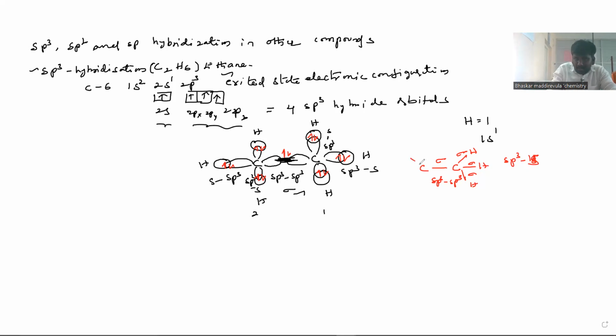Same here also, you can see the 3 bonds with the hydrogens, each a sigma bond formed by sp3 and s overlapping. Now, in this compound, the carbon-carbon bond length. This is the structure.